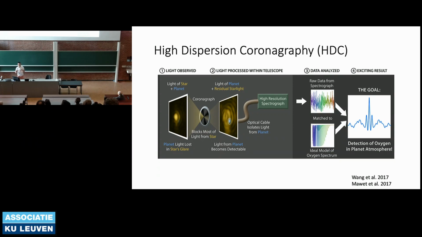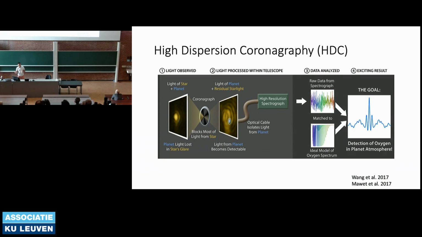Only after you directly image this system using adaptive optics and pass the light through the coronagraph. What is a coronagraph? Some of you may know, some of you may not. A coronagraph is a device with which we suppress the starlight and allow the planet light to go through. The coronagraph does the job so that the starlight is attenuated by a factor of 10,000 or 100,000 times.